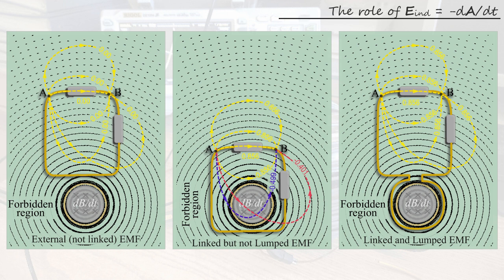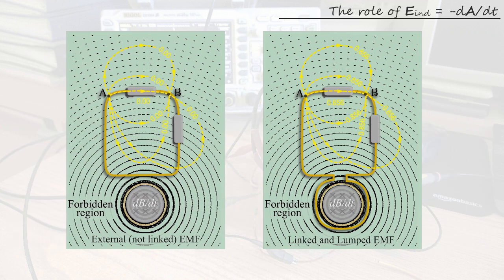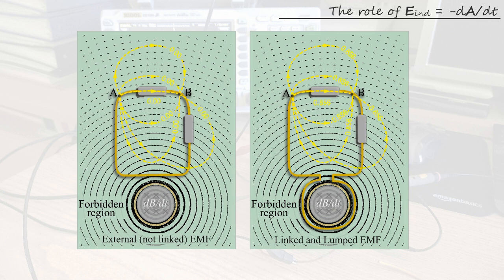For the moment, I just want to make clear that regardless of the position of the sources, be they linked or not, the presence of the induced electric field does not prevent us from finding a safe zone when such a zone exists. It is worth noting that inside the safe zone the induced voltage becomes path independent as well.